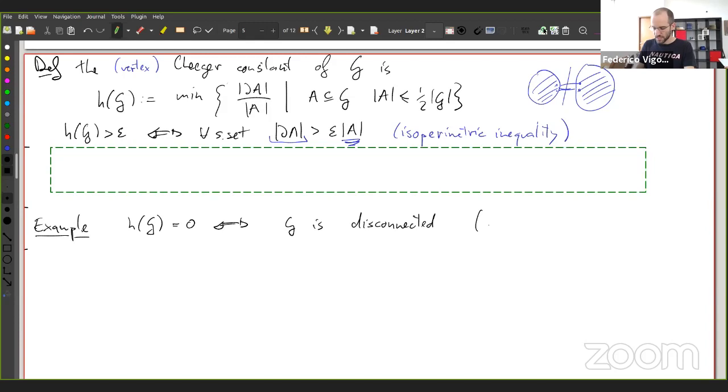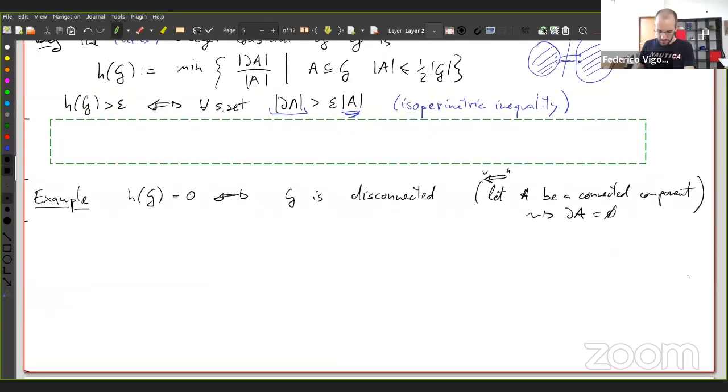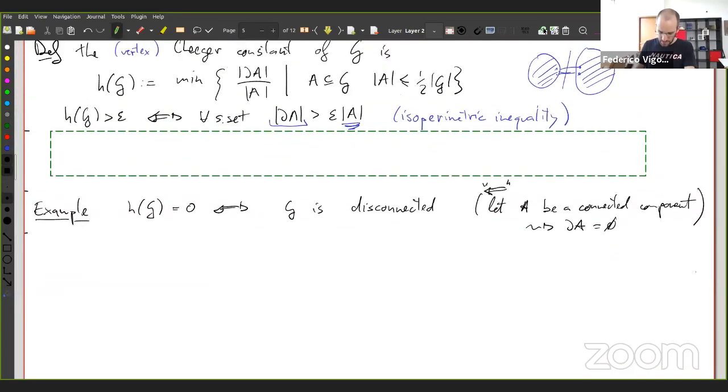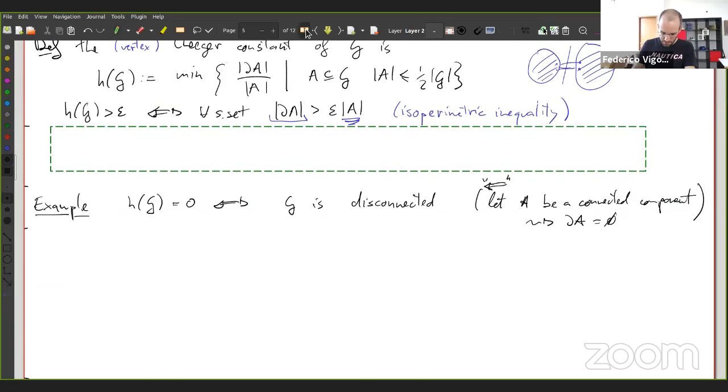Because it's enough to let A be a connected component, and then its boundary is the empty set. Well, I guess this is one implication, and the other implication is just as easy. So, okay, we have this sanity check.